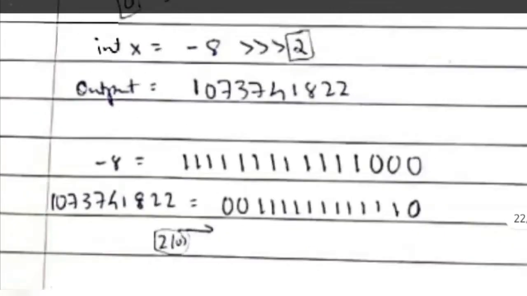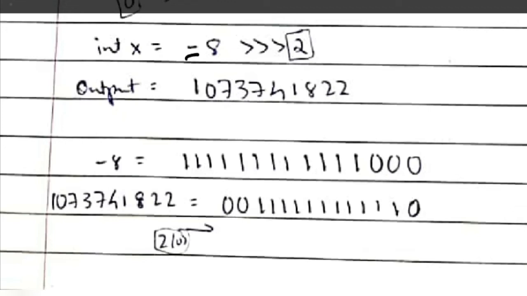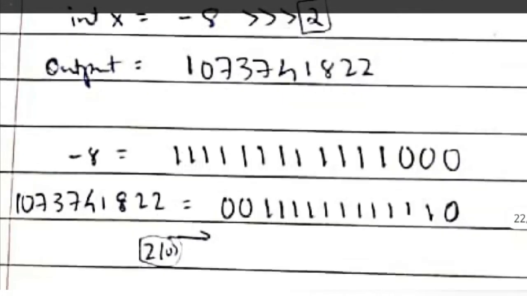Its significance is seen when we use it for negative values, because for positive values it's the same as the right shift operator. Okay, but when we use it for negative numbers it's different, because in negative numbers we have the sign extension as 1. So when we use -8 unsigned shift operator 2, at that time 2 zeros will be inserted from here.